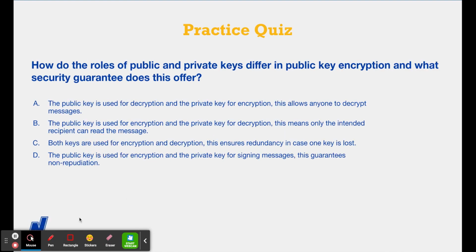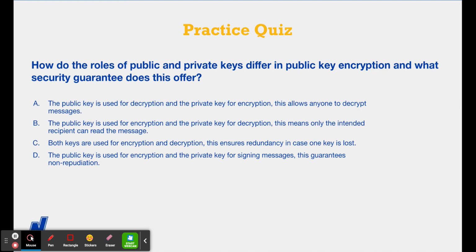So, how does the role of public and private keys differ in public key encryption, and what security guarantees does this offer? In public key encryption systems, the public key is used for encrypting messages or verifying signatures and is publicly available. The private key, which is kept secret by the owner, is used for decrypting messages or creating digital signatures.